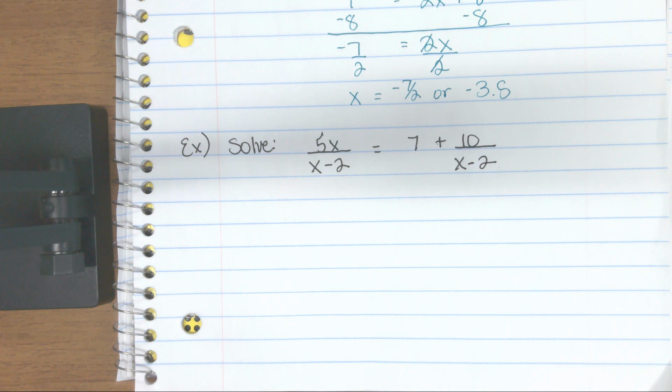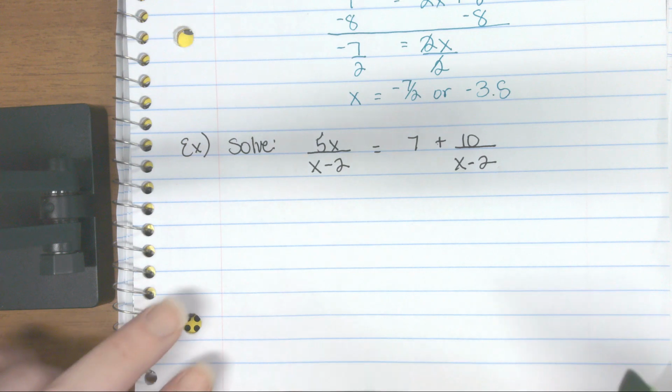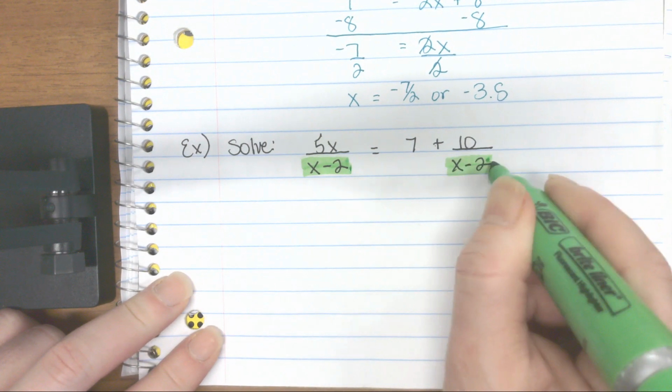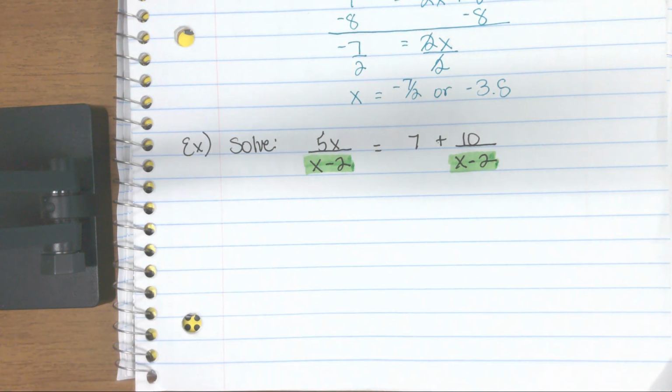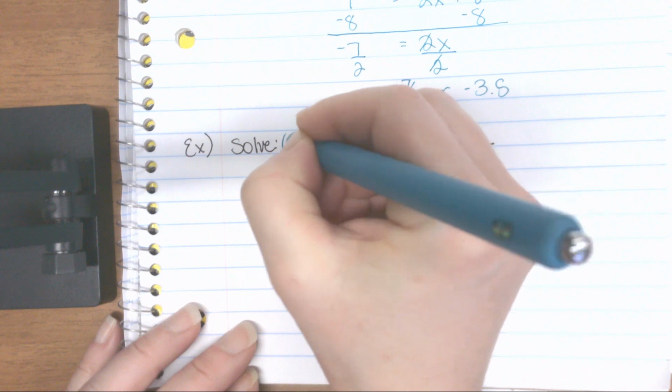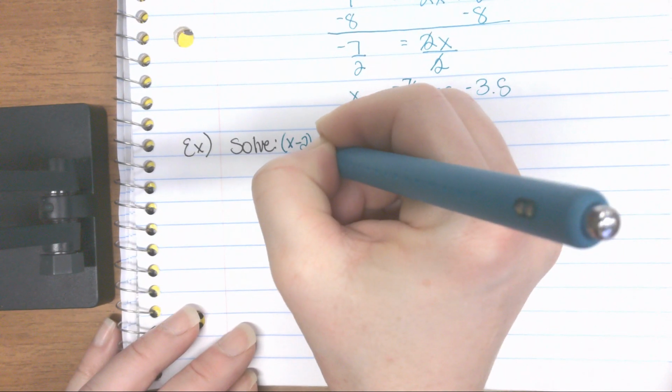Okay, on this one, I do have 2 fractions, but do you see how they both have the same denominator? The denominator is x minus 2. So that is my common denominator, and that's what I'm going to multiply by. So I'm going to go ahead and multiply this side by x minus 2, that side of the equation.